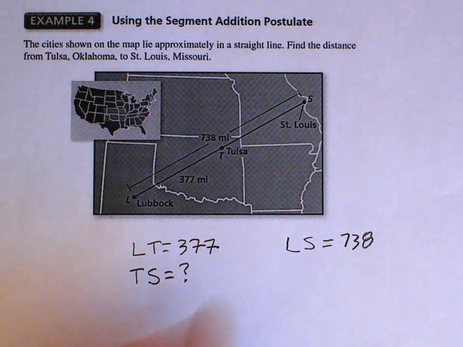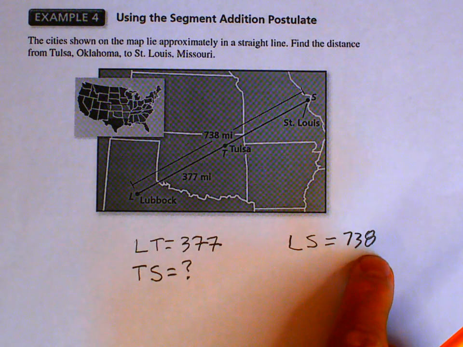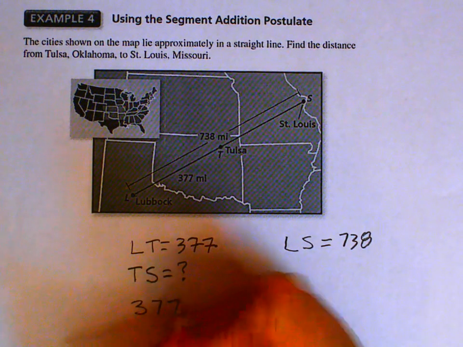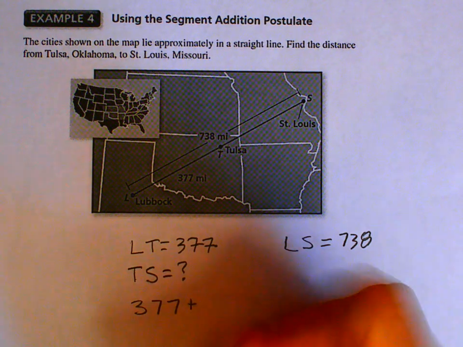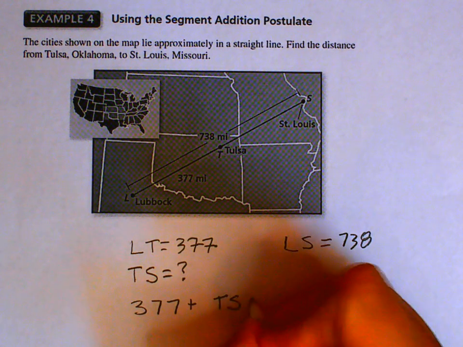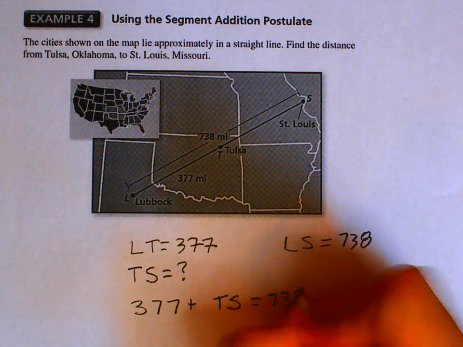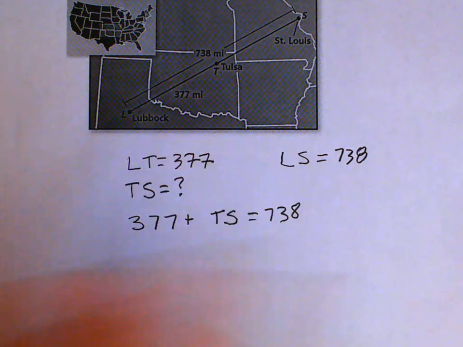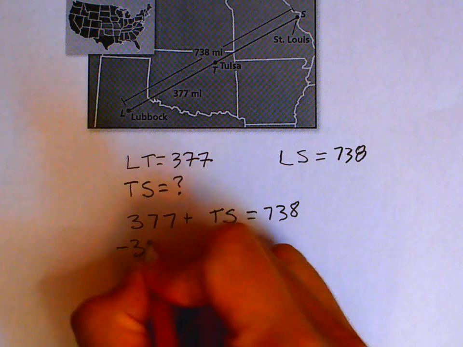So we know the sum of these two is equal to that one. So 377 plus our unknown equals 738. Now you're probably saying, why can't I just subtract them? Yeah, you can. But I'm showing the full detail for those that don't understand.